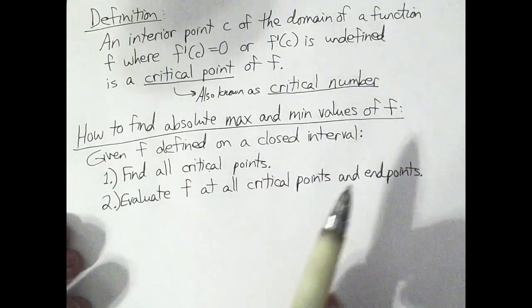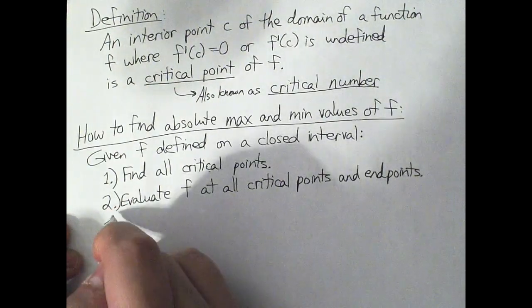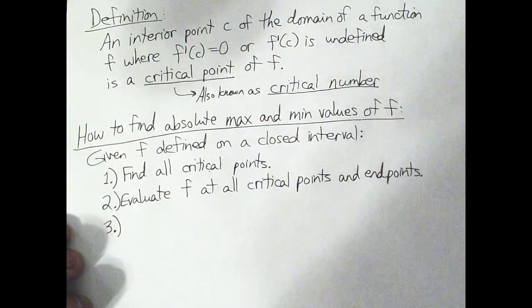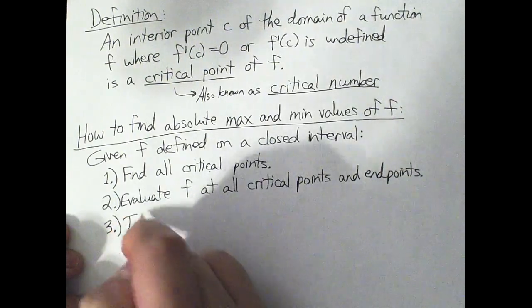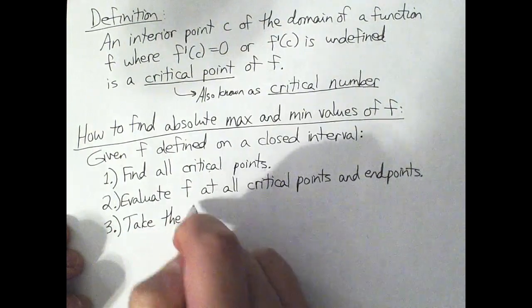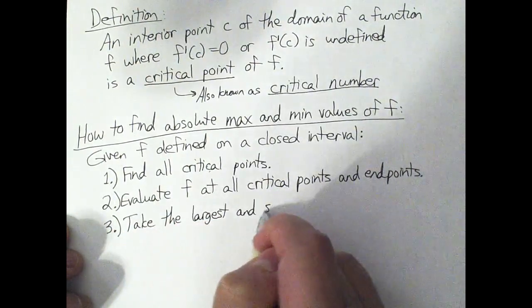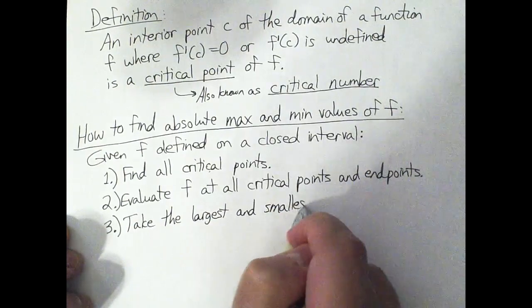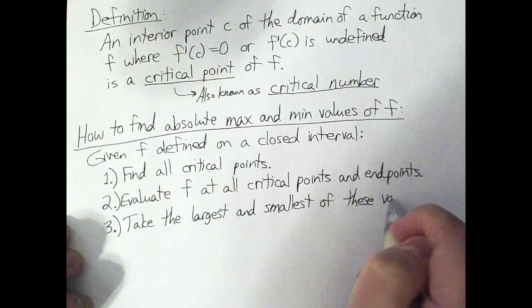We need to check the endpoints because that could be a place where an absolute max or min happens. And then finally, step 3, take the largest and smallest of these values. So we'll do a couple of examples.